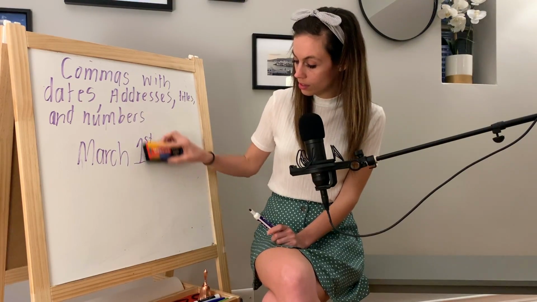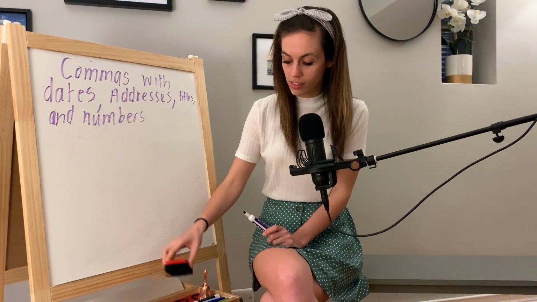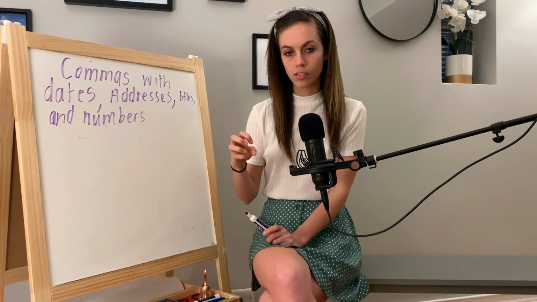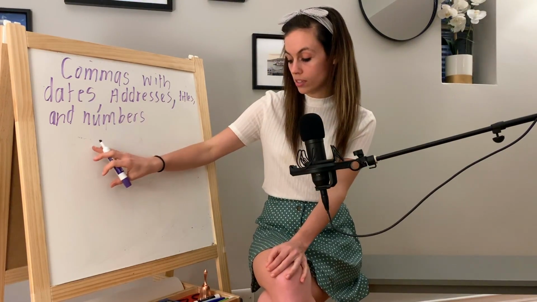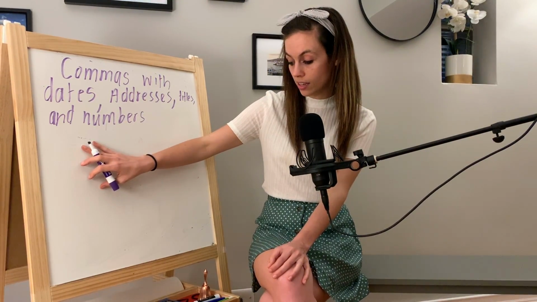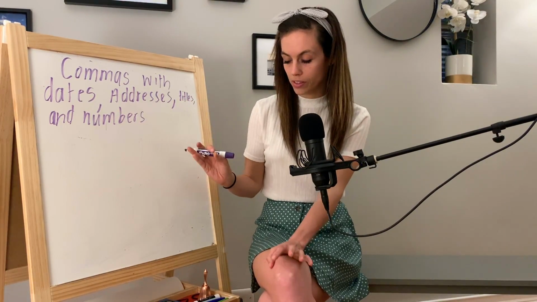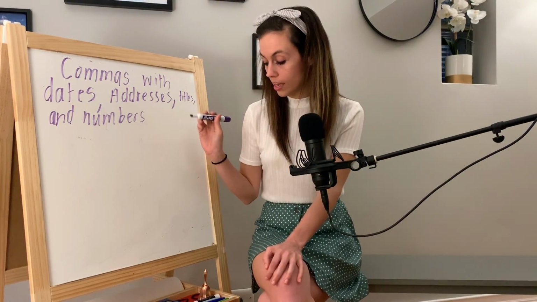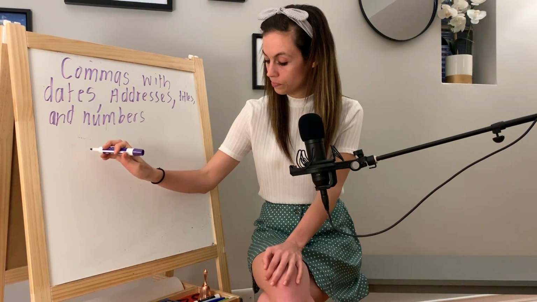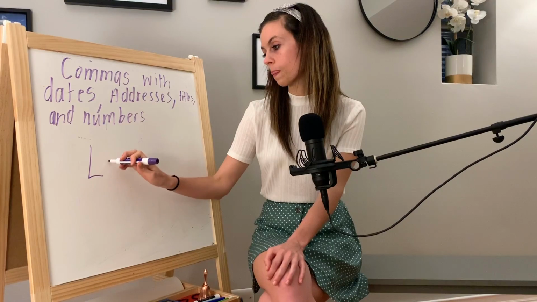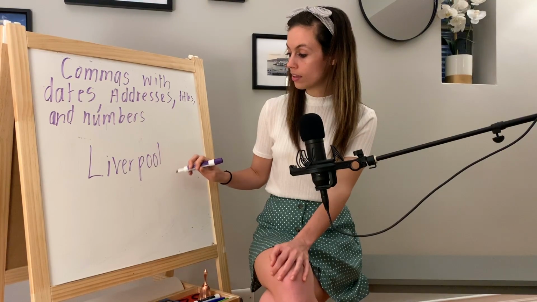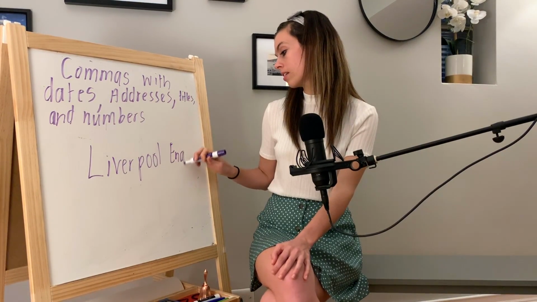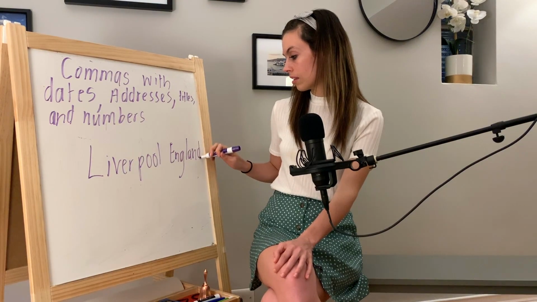For addresses, so like if you're listing a city and then a country, or a city and a state, what you need to do is you're going to put the places, and so I'll show you an example of this. If you said Liverpool, England, the comma's going to go after the city, okay?